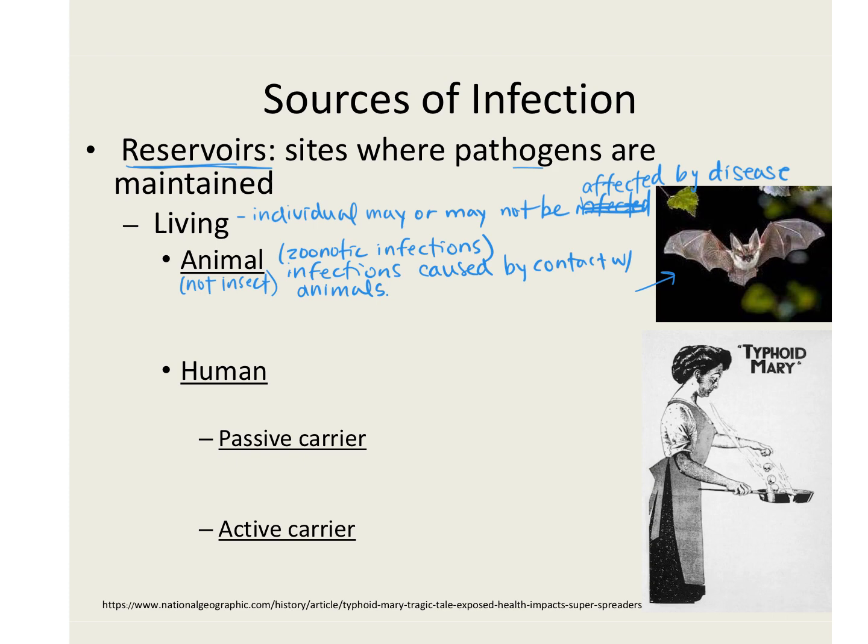It says that a carrier can be asymptomatic or ill. But the way I'm going to use it, and the way I would argue, is that humans are reservoirs when they are ill, and if they're not ill, we specifically call them a carrier. Okay, so a human carrier can either be passive or active.